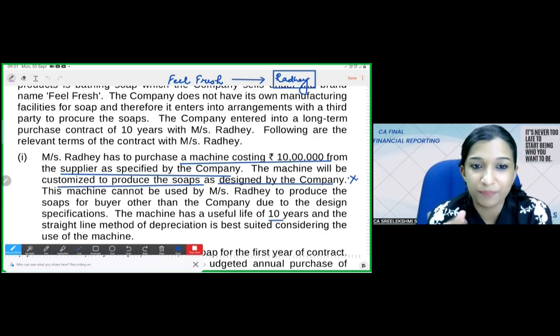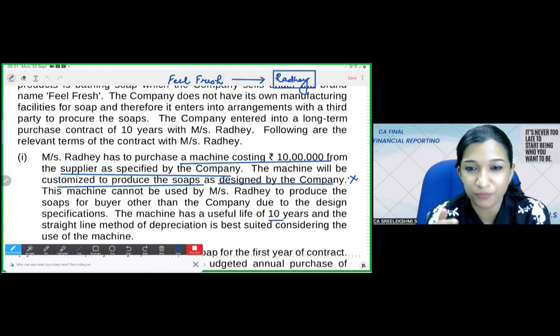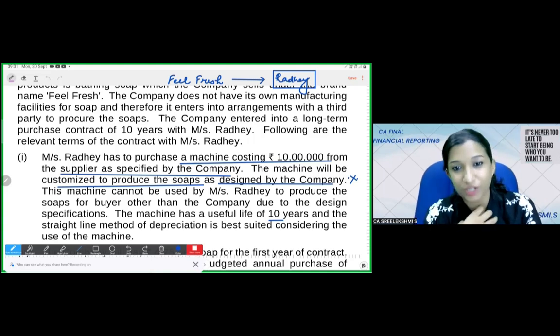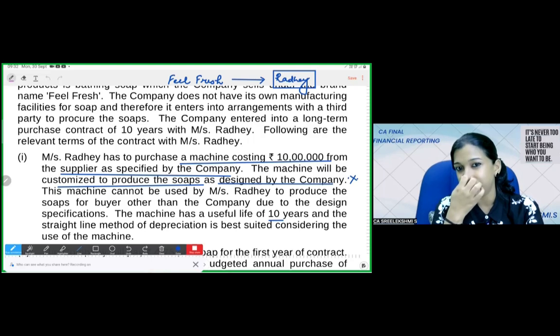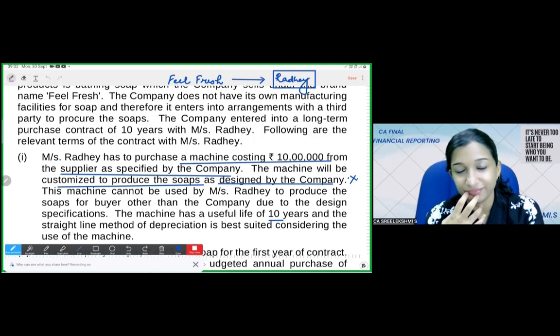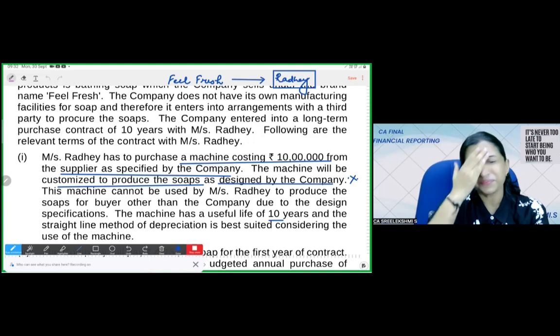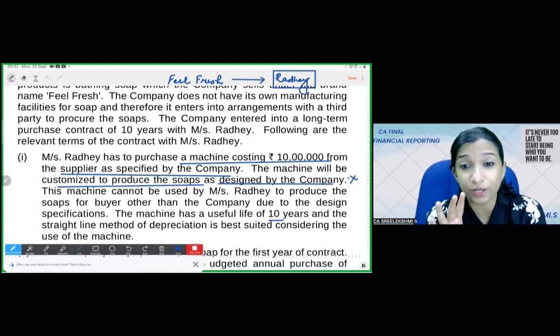What do you understand from this information? I understand this contract contains lease because there is an identified asset, a machine. Then substantially all the economic benefits from the asset are for Feel Fresh.